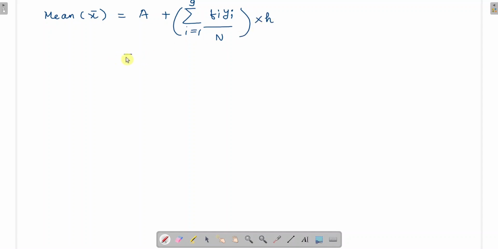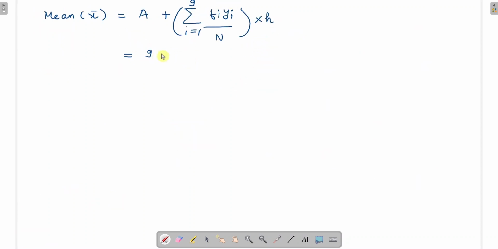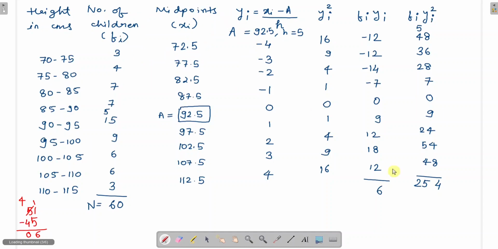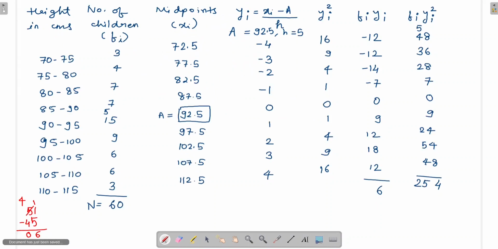So this will be equal to the assumed mean 92.5 plus fi yi is 6 divided by N is 60, and h is the common factor 5.